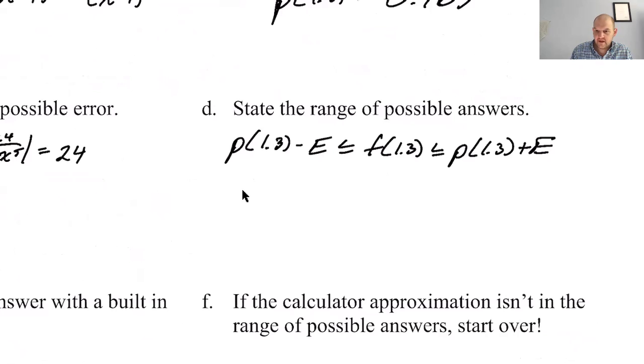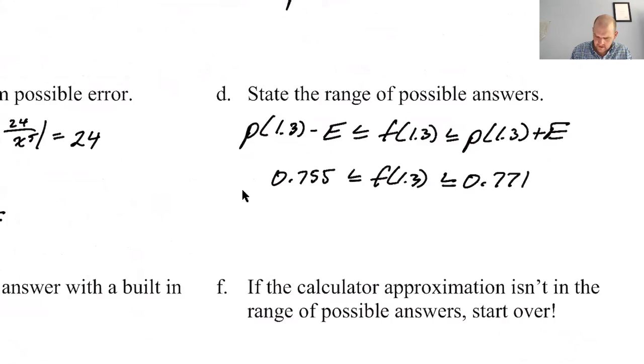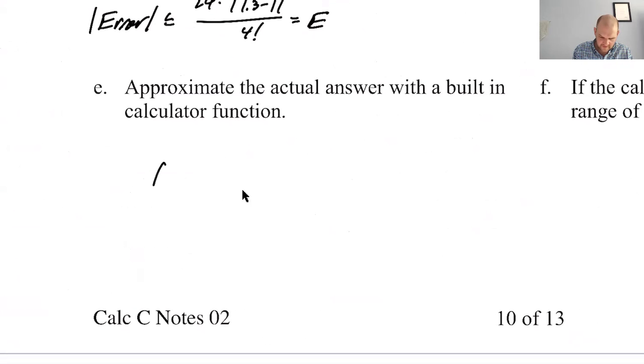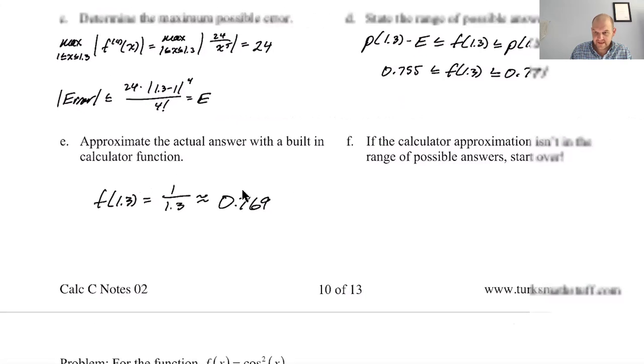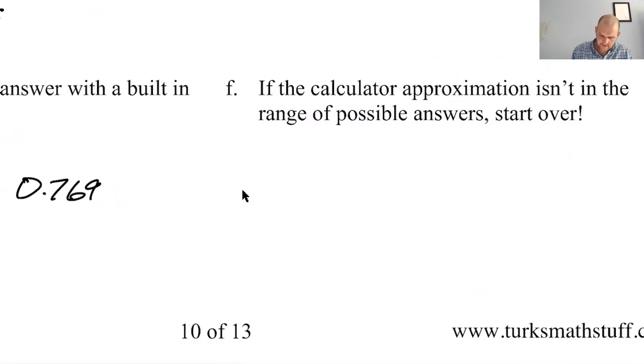And we got 0.755 less than or equal to f of 1.3 less than or equal to 0.771. And then the calculator told me that f of 1.3, which is equal to 1 over 1.3, is approximately 0.769. And that is in the interval, so it worked.